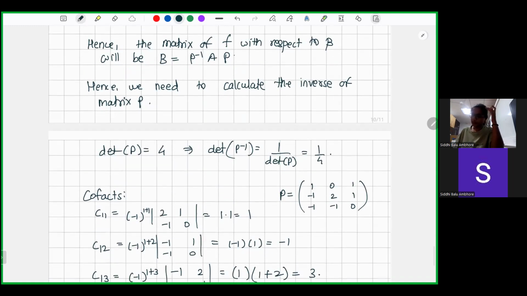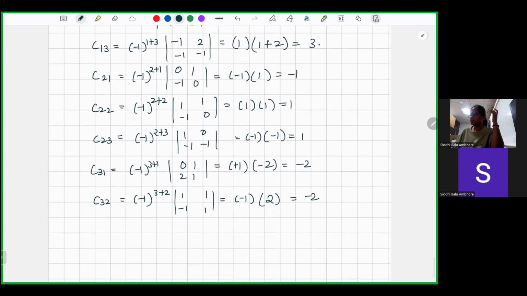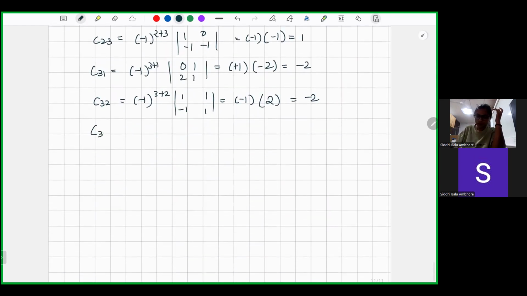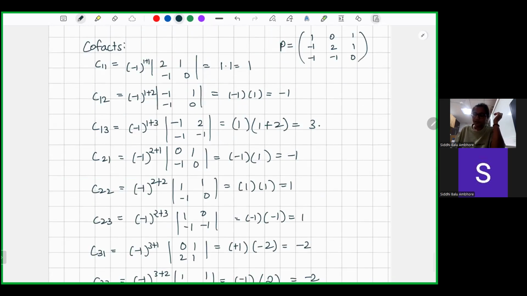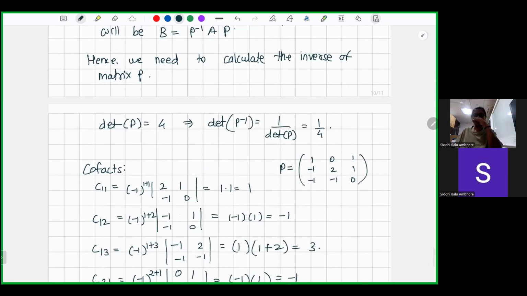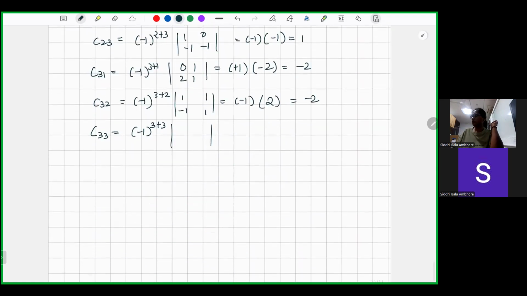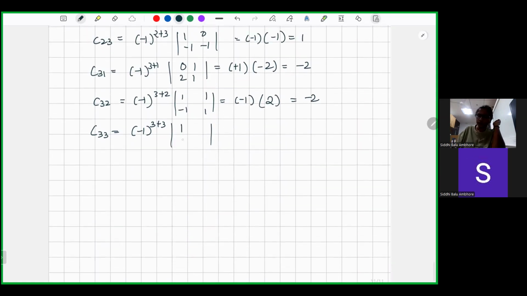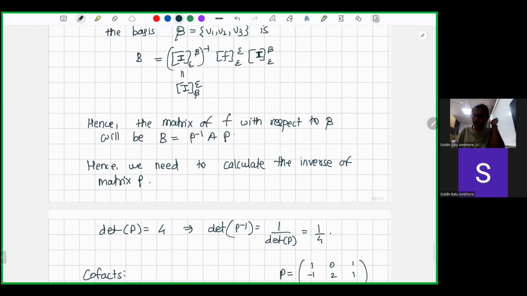Three, 2 will be this, right? Let us do this 3 plus 3. And determinant is just 1 minus 1, 0, 2. 1. I hope this was correct.